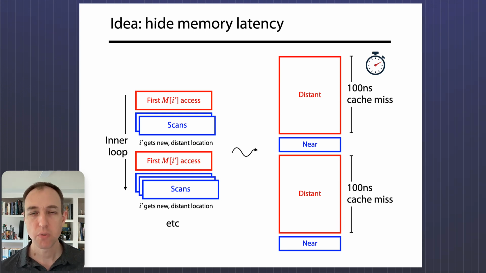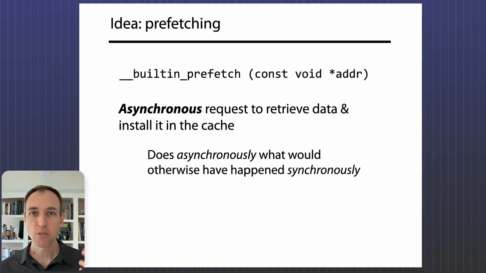So it's good news that only some of the memory accesses are slow, but ideally, we would even like to reduce the negative impact of those slow memory accesses. Is there some way we can do something else useful instead of just waiting for 100 nanoseconds for that memory access to happen? We can, using something called prefetching, memory prefetching, or sometimes people call it software prefetching to contrast it with the kind of prefetching that the computer architecture will do for you automatically.